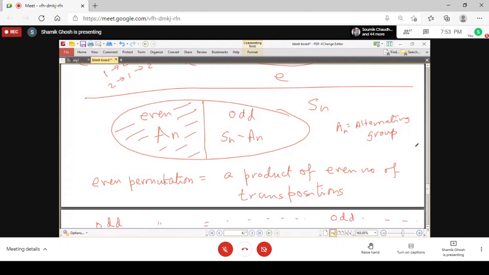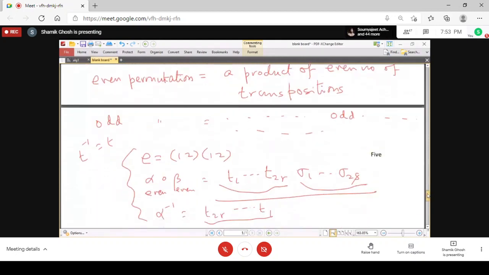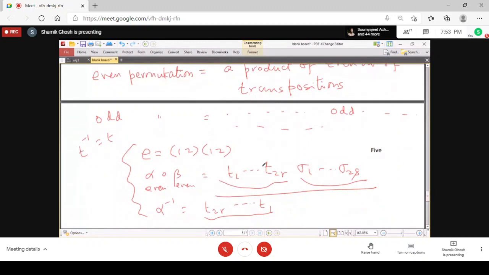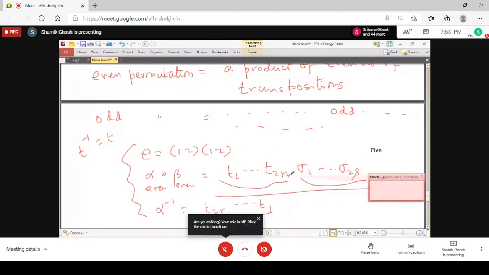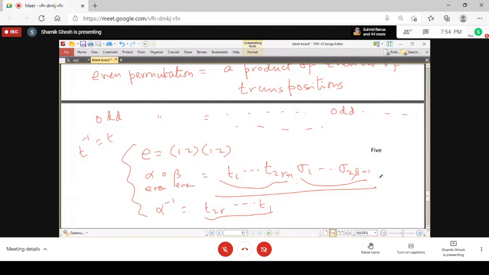Because if we compose two odd permutations, actually we get an even permutation. So the set is not closed under the product. If this is odd and this is odd, then the total number is even.